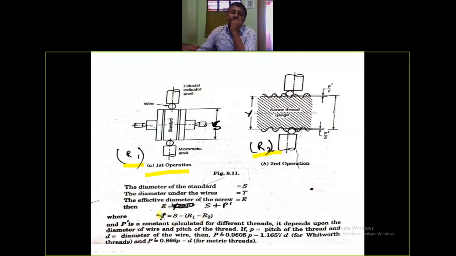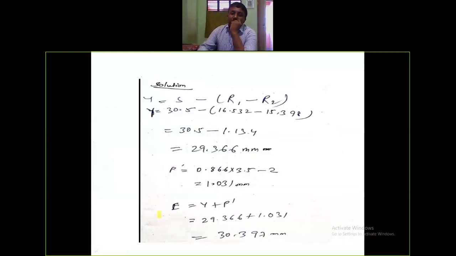Okay, so in the given question, Y is equal to S minus R1 minus R2. S is given as 30.5, R1 is given as 16.532 and R2 is given as 15.398 millimeter. If you calculate, you will find the value.